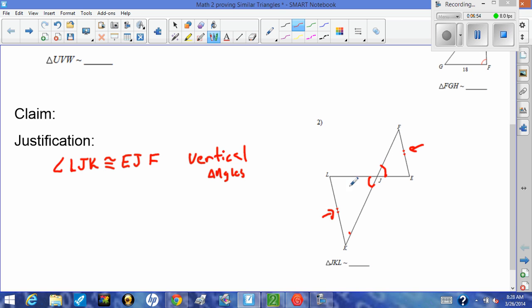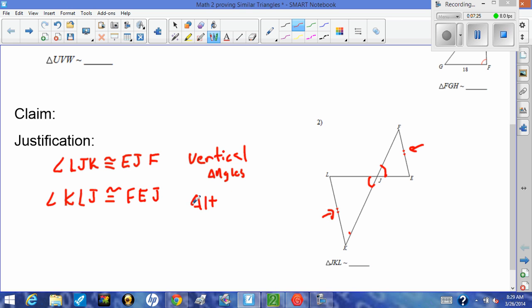So I can say, using that definition, that angle KLJ is congruent to angle FEJ. And my reasoning is that these are alternate interior angles. So let's go ahead and write the reason down and discuss it.